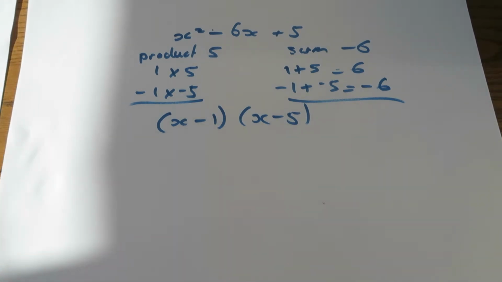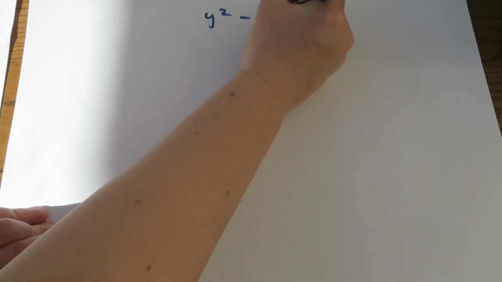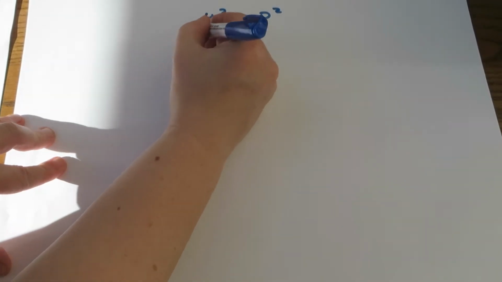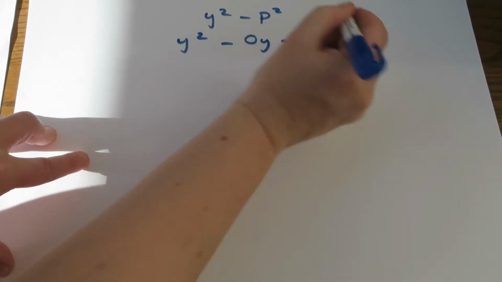We're going to now have a look at something which is quite similar to that, but not identical. So let's have a look now at how we might do y squared minus p squared. It looks quite different to what we've been having a look at so far, but in reality we can write it as the same: y squared plus no lots of y minus p squared.